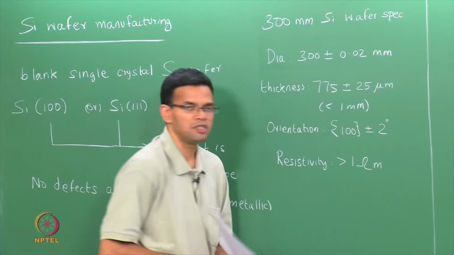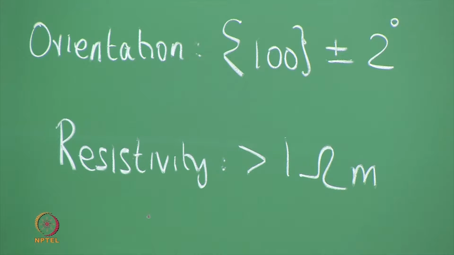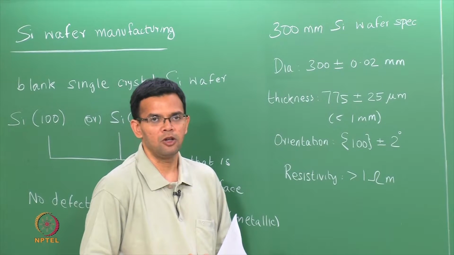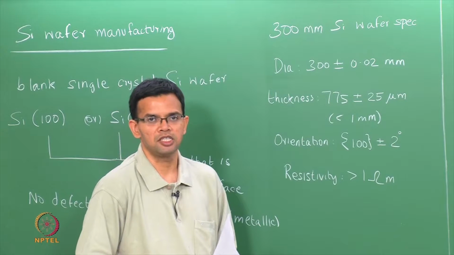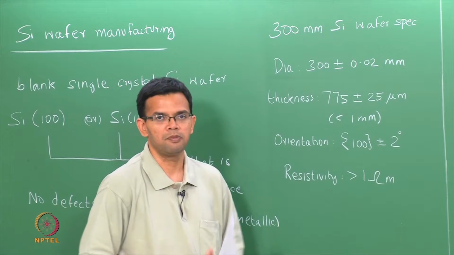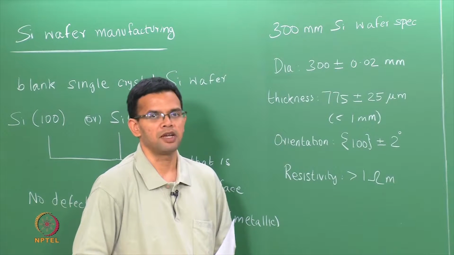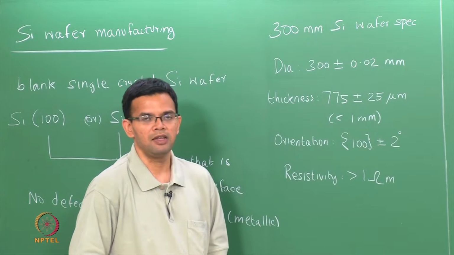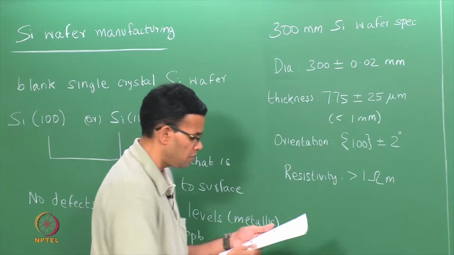This determines the doping concentration in the blank wafer. This resistivity value can be modified locally in order to introduce things like a p-n junction or things like transistors. They will be done during the process of IC manufacture, but the blank wafers should have a certain resistivity value that is specified by the user.